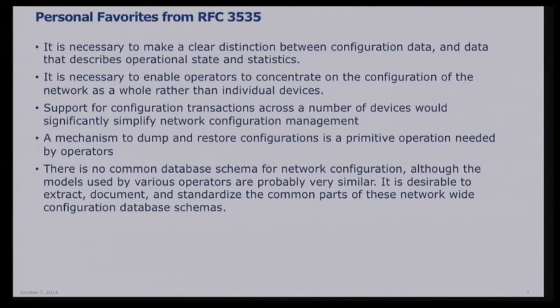And a database schema, a declarative way of describing what the network elements can or can't do in terms of configuration, statistics, and operational parameters, so that we don't have to have reverse-engineered and perhaps even offline libraries of models like we did with SNMP MIBs in the SMI language, would also be good. So again, these are my favorites from 3535 that reflect the conversations that were had with service providers at the time. And again, a reminder, this was 12 years ago.